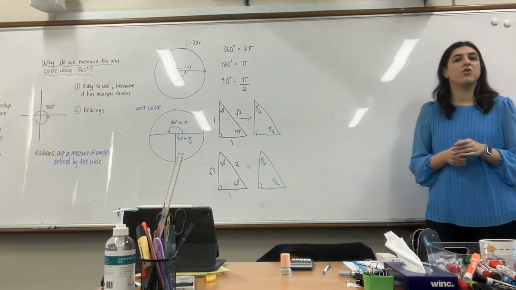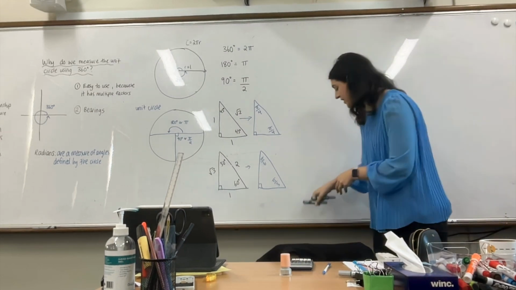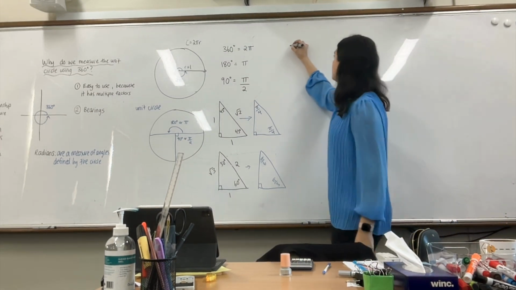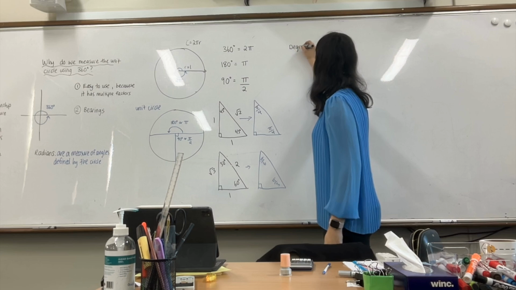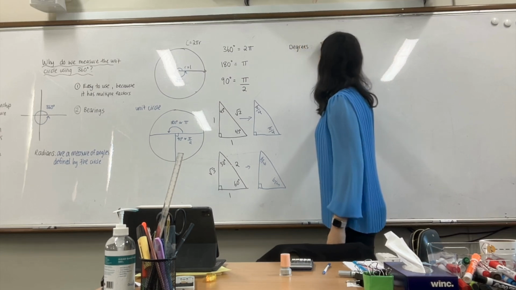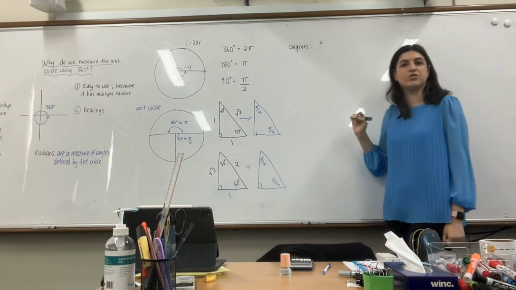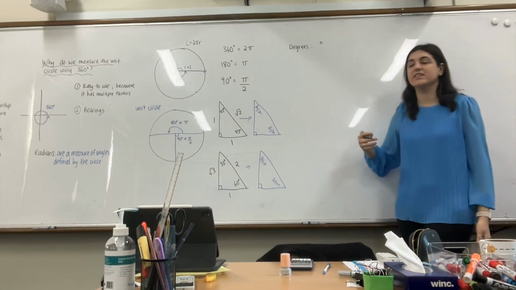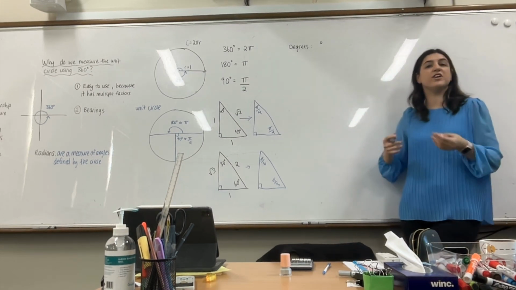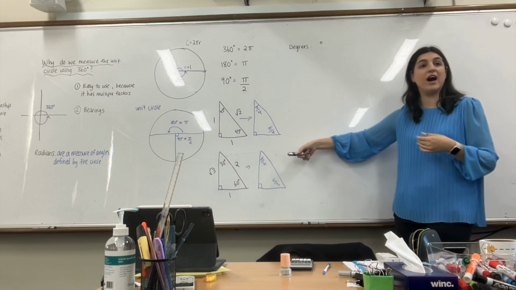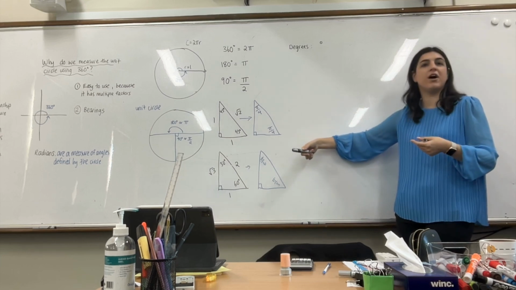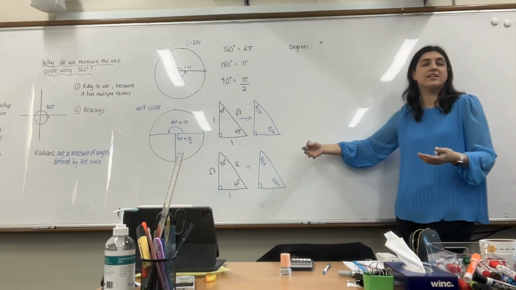Now, the way that we denote radians, so normally with degrees, we would typically use the symbol, like that little degree symbol. With radians, most of the time you can actually just leave your answer in terms of pi, because by leaving it in terms of pi, we already know that you've used radians.